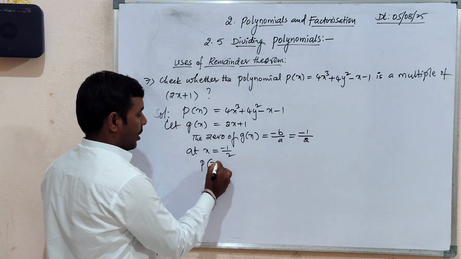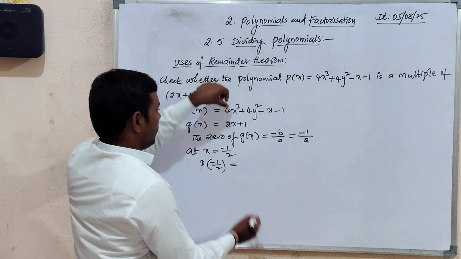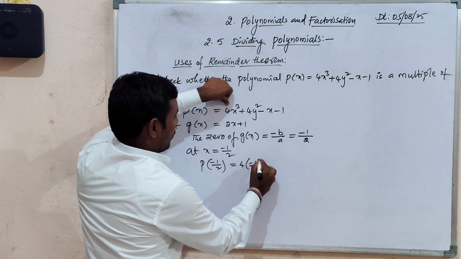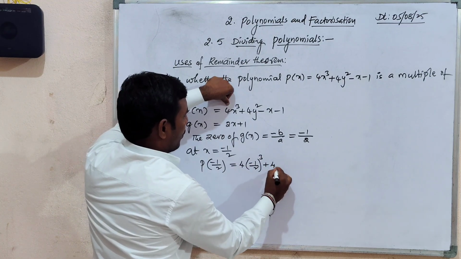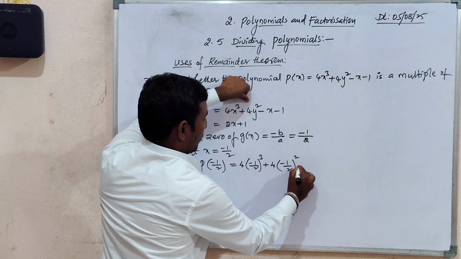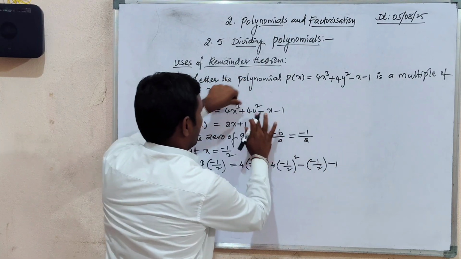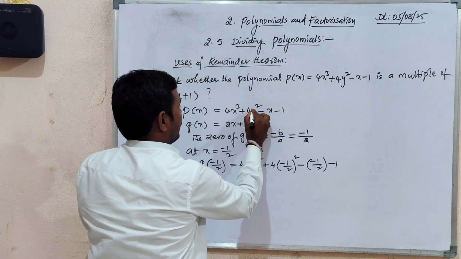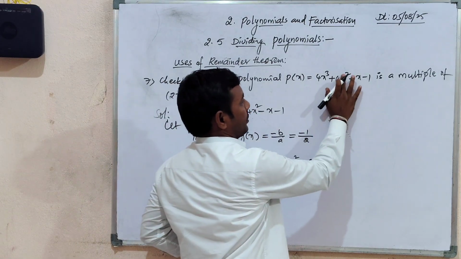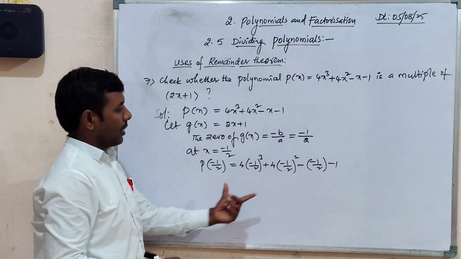Then P of minus 1 by 2 is equal to, that means the remainder is equal to 4 into minus 1 by 2 whole cube plus 4 into minus 1 by 2 whole square minus 1 by 2 minus 1. I think understood? Okay?